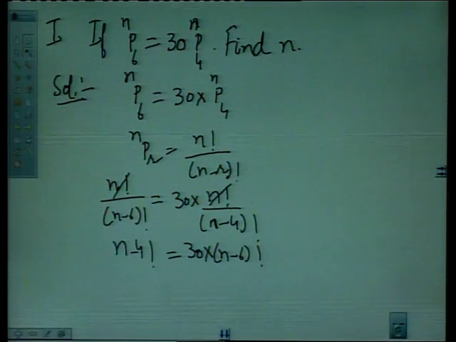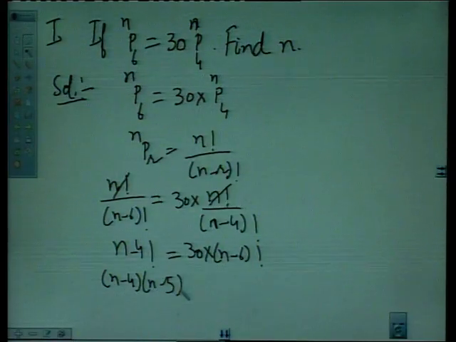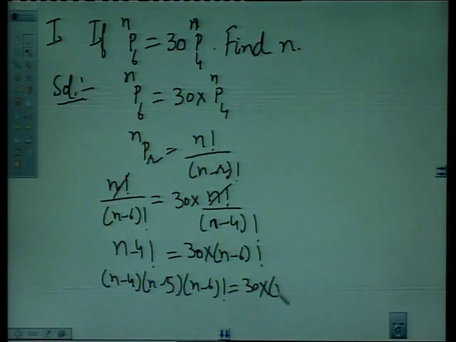Now, how will we solve this? We expand n minus 4 factorial in terms of n minus 6 factorial by reducing each term by 1. We get n minus 4, n minus 5, n minus 6 factorial is equal to 30 times n minus 6 factorial.